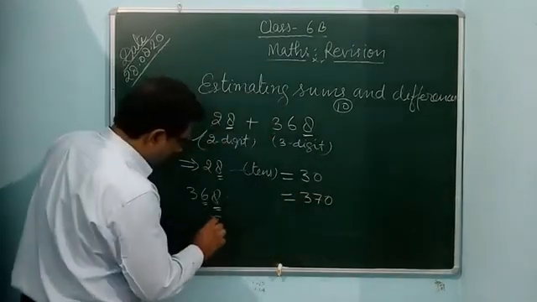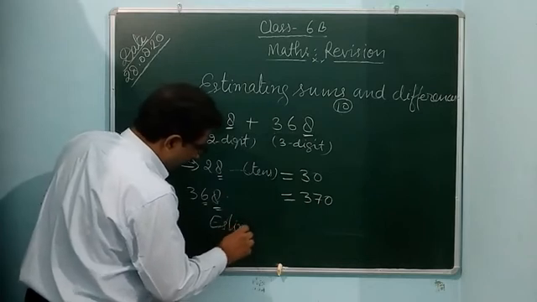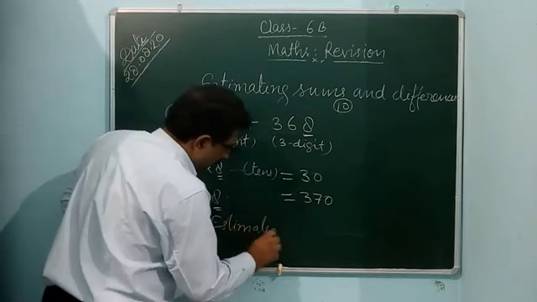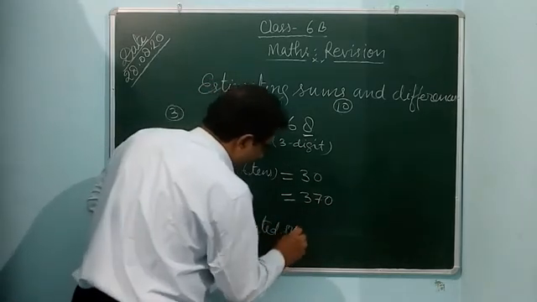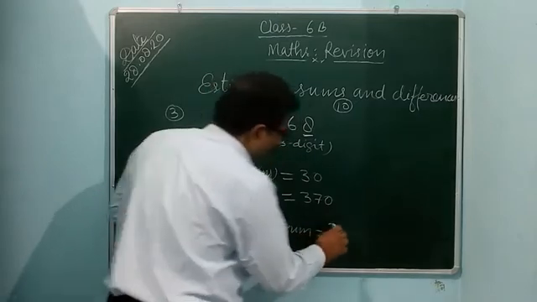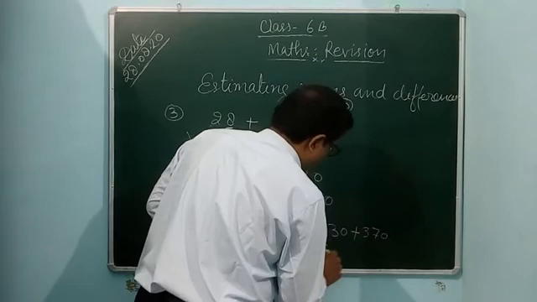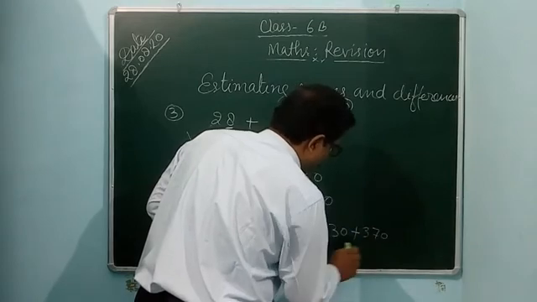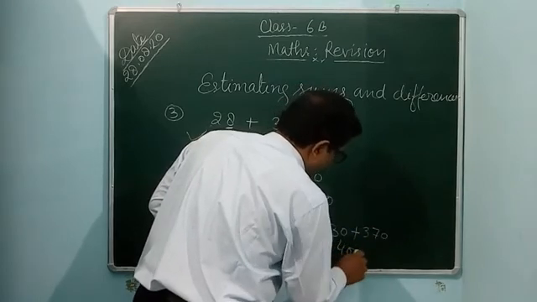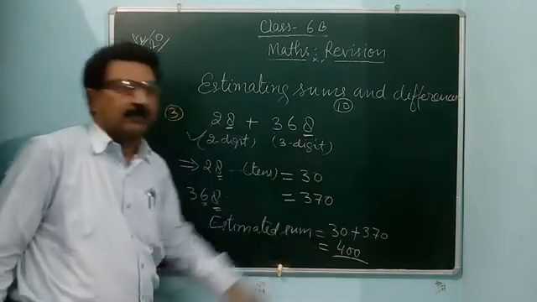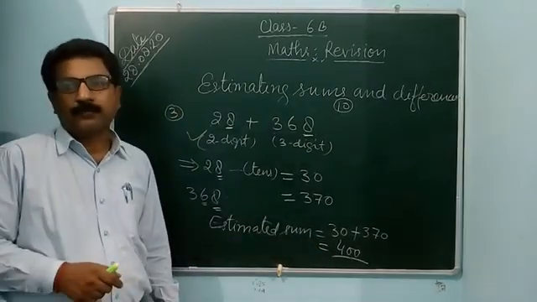After that, estimated sum. Estimated sum is equal to 30 plus 370 is equal to 400. 400 is the answer. In this way you can do.